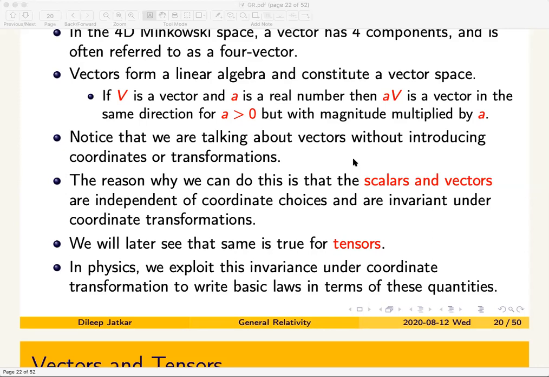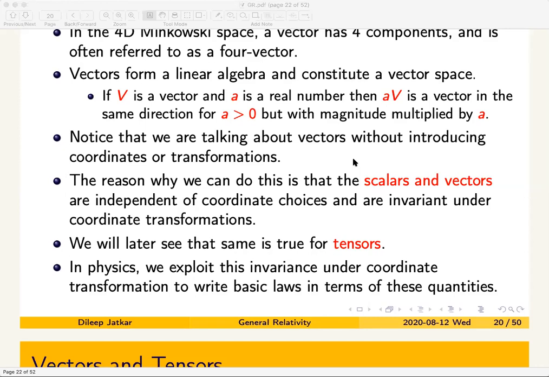Of course, there are quantities which do depend on choice of coordinate system, and they are also useful, but in a different sense. So typically in physics, we exploit both these properties. If you want to write down some laws of physics or some quantities which are independent of choice of coordinate systems, you would want to write them in terms of quantities like scalars, vectors, and tensors. And therefore, it doesn't matter if you understand them in one coordinate system, their behavior would be the same in any other coordinate system.